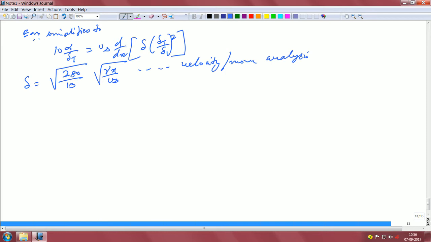And of course, the other boundary condition is that delta t at x equal to 0 is equal to 0. So, that is the starting point. So, the solution of this particular expression becomes delta t by x is 4.528 into Prandtl number to the power of 1/3 Reynolds number at x to the power of half.